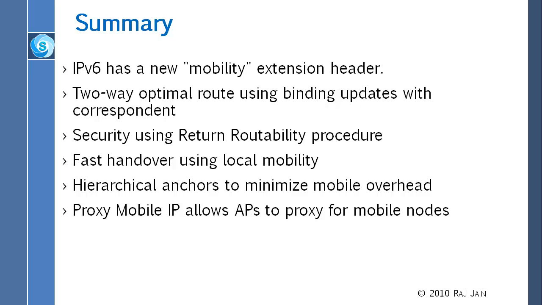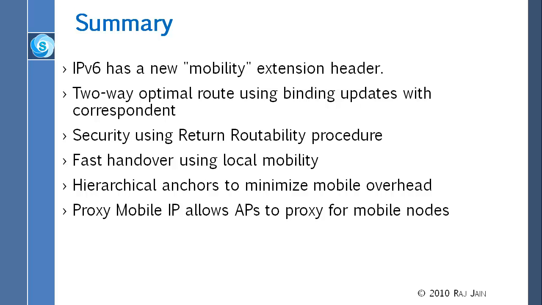You can do it securely using return routability. There are 2 ways to do it securely. One is by using the return routability procedure, and the other is that your address itself can be verified by somebody else by looking at a public key, showing that this is the address generated by this person.